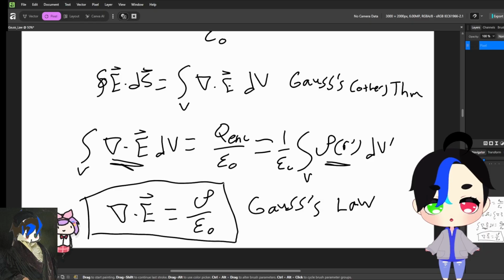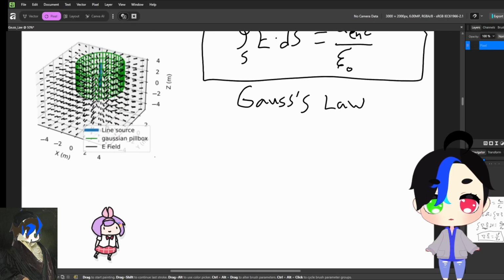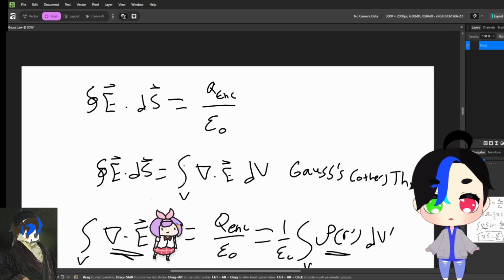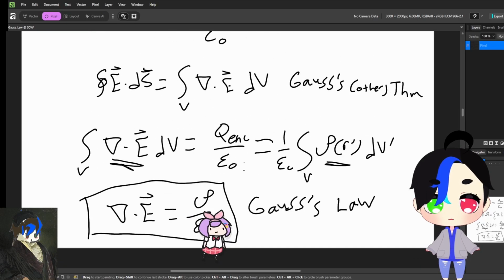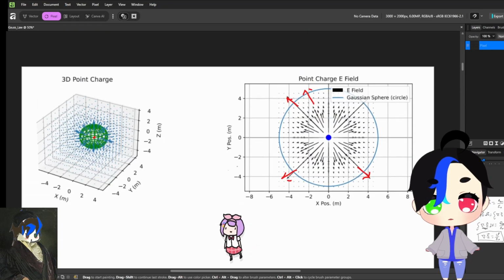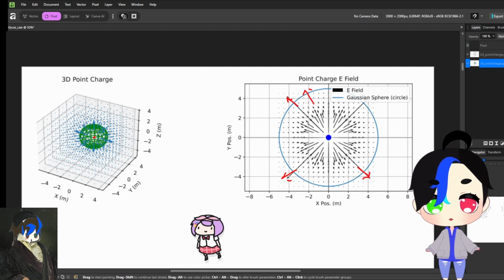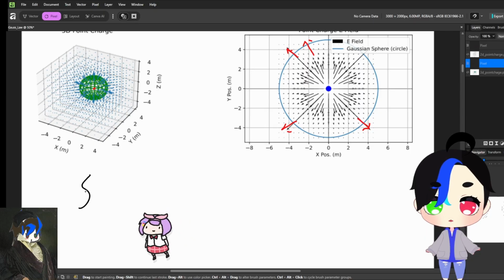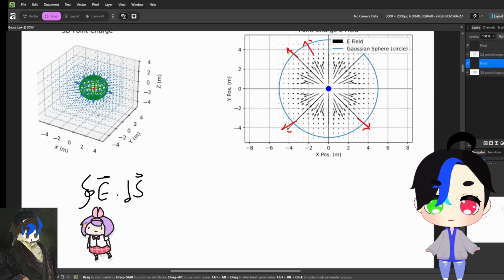So how does this make our lives easier as opposed to doing that complicated integral at the beginning? Let's go back to our point charge and look at Gauss's law. You'll notice some things about this.